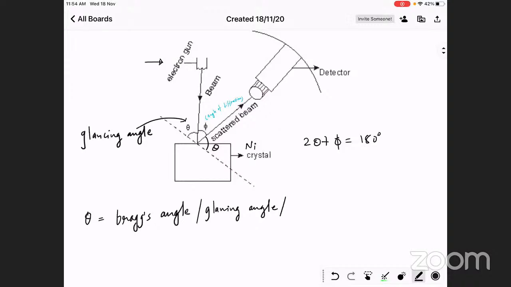Also known as the angle between incident beam and the plane. And phi is the angle of diffraction. Make a beautiful diagram. It should look like this only.